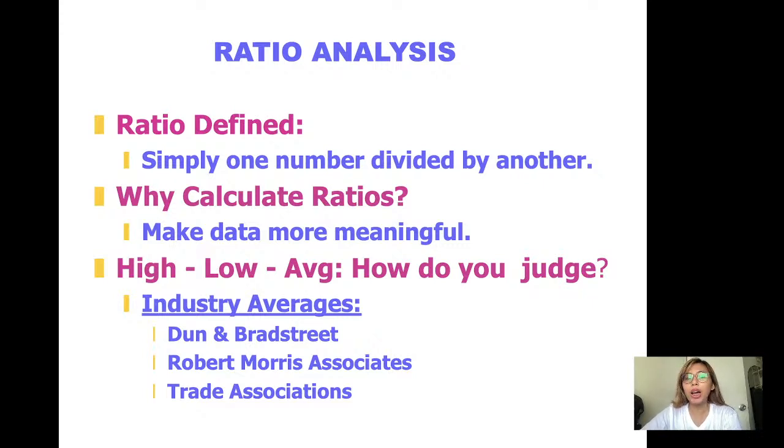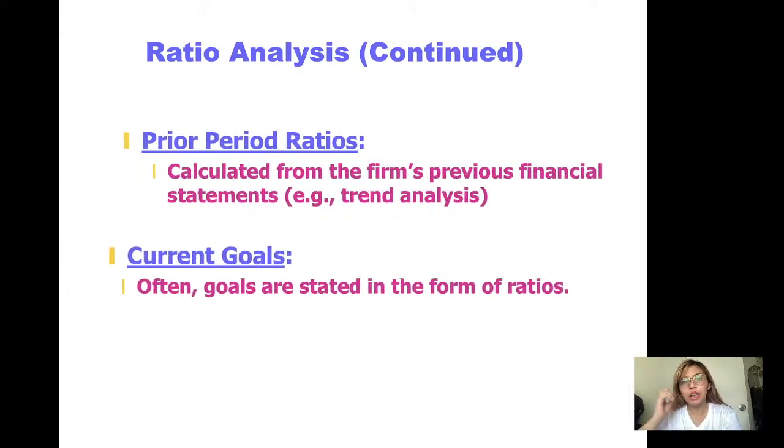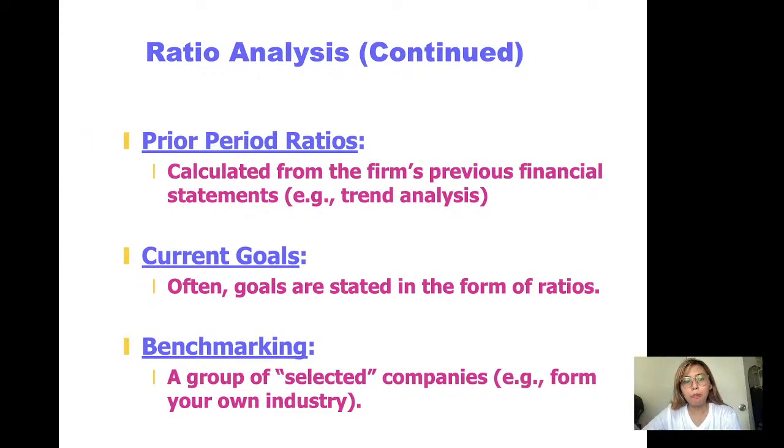And second, why calculate ratios? It makes the data more meaningful and understandable. So, we have high, low, and average on how we judge this ratio analysis. Our industry averages are Dun and Bradstreet, Robert Morris Associates, and Trade Associations, and there are prior period ratios, which are calculated from the firm's previous financial statements.